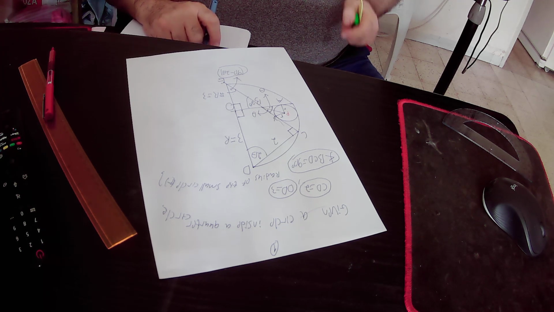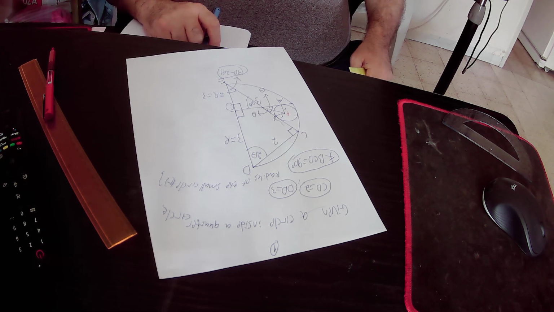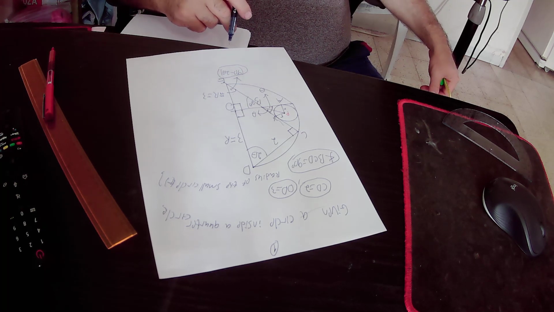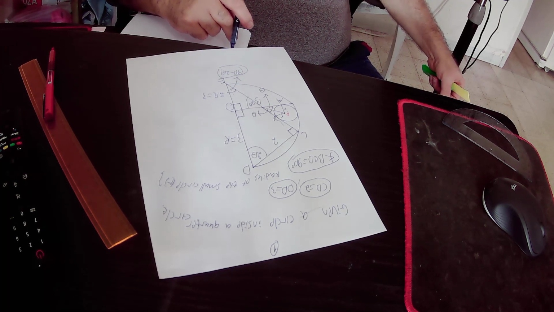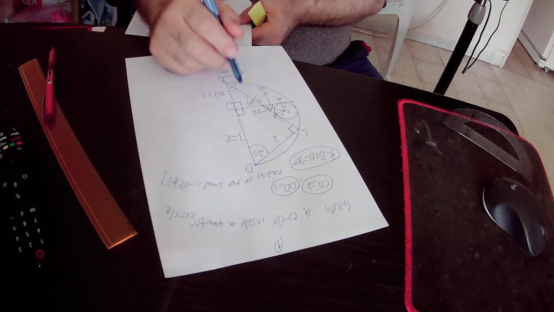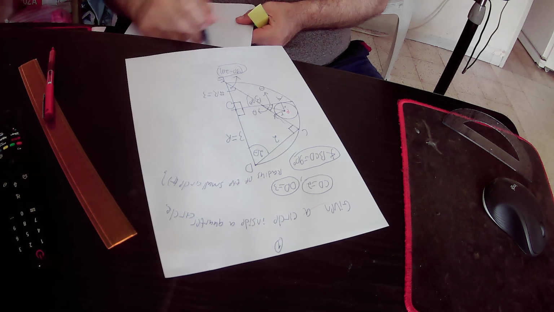First of all we will focus on triangle BOE. In triangle BOE, this triangle, it is a right triangle.